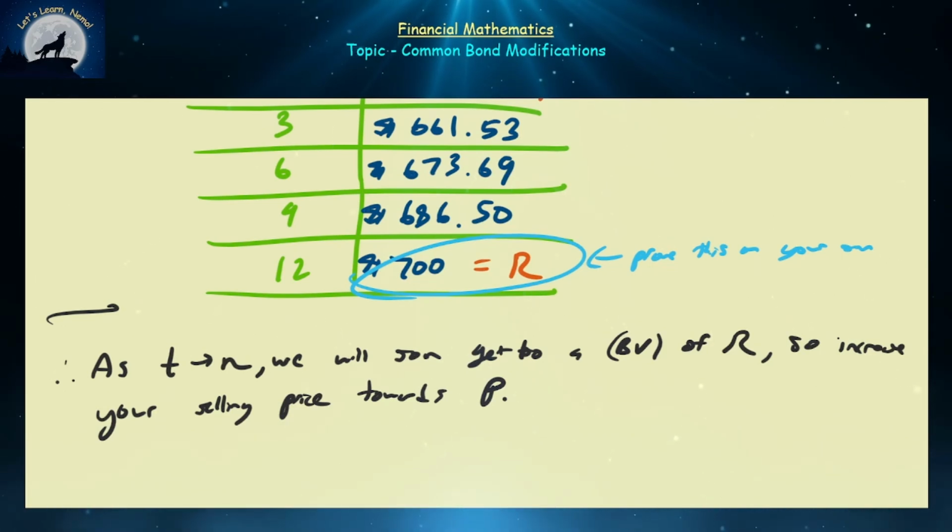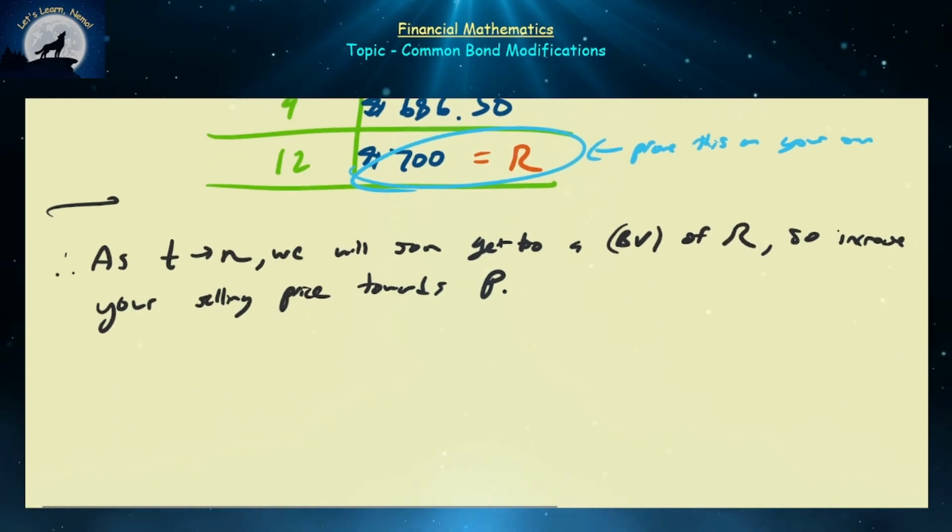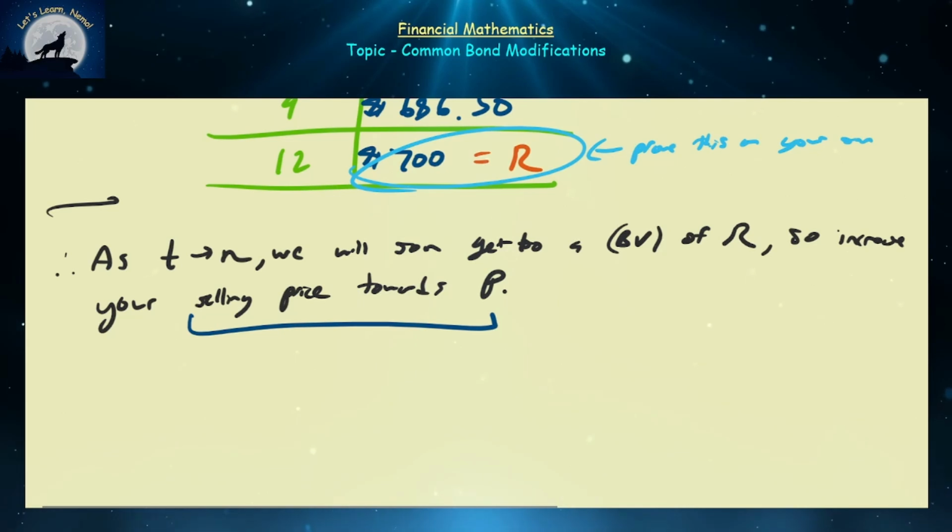And keep in mind, you might want to pause and think about why this is, because if we're going to be selling our bond, our goal is to sell it for at least, or somewhere around, the amount we paid in the first place.